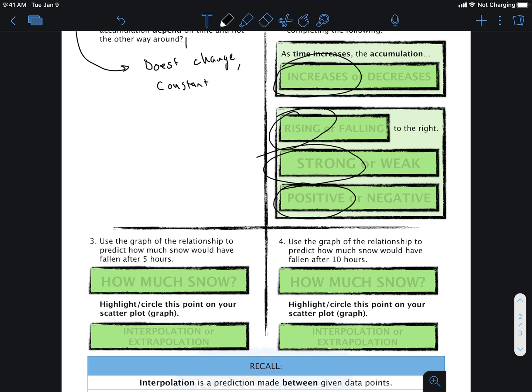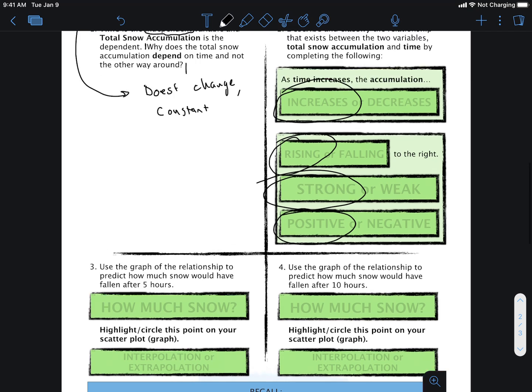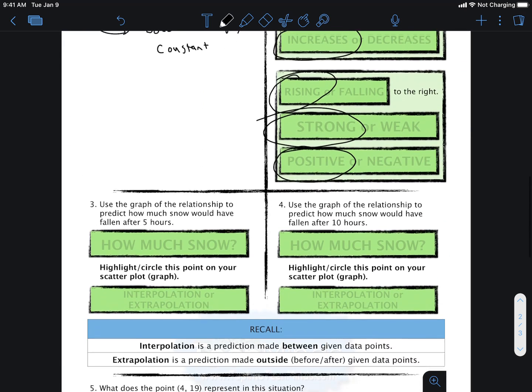Use the graph of the relationship to predict how much snow would have fallen after 5 hours. Does 5 hours fit on our table? Yes, it's right here. Is that interpolation or extrapolation? Interpolation. It's inter because 5 is in my table. Indeed it is. Okay, what value did we say for 5? I said 23. Okay, that's fine.